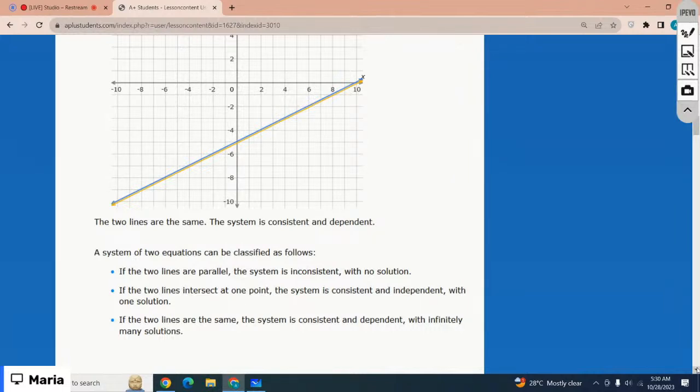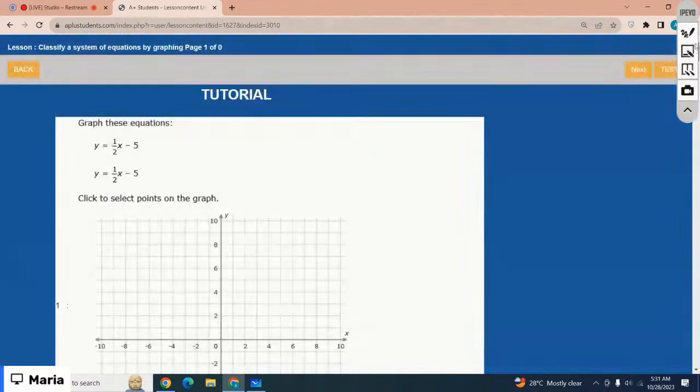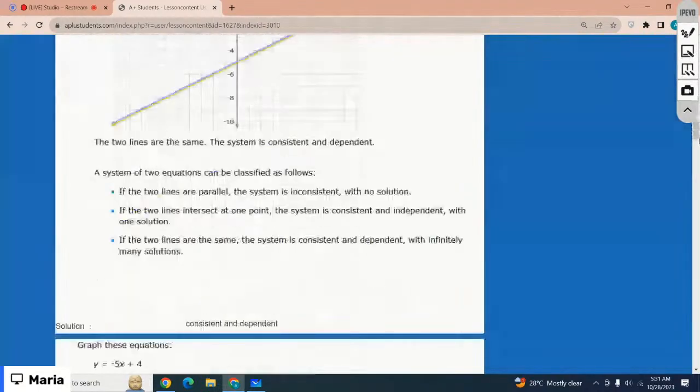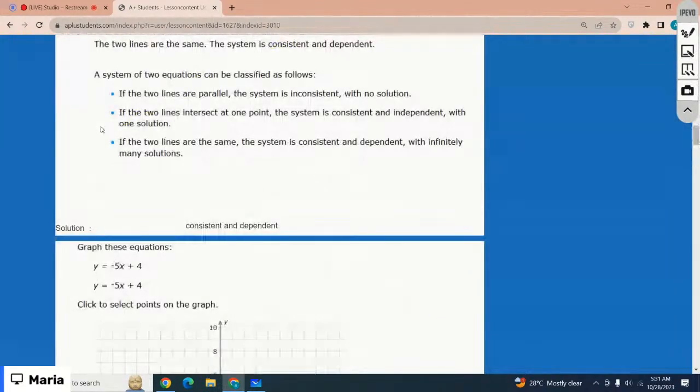You can see for this one, both the equations are exactly the same: y equals 1 over 2x minus 5 and y equals 1 over 2x minus 5. They are identical, so the system is consistent and dependent, with infinitely many solutions.